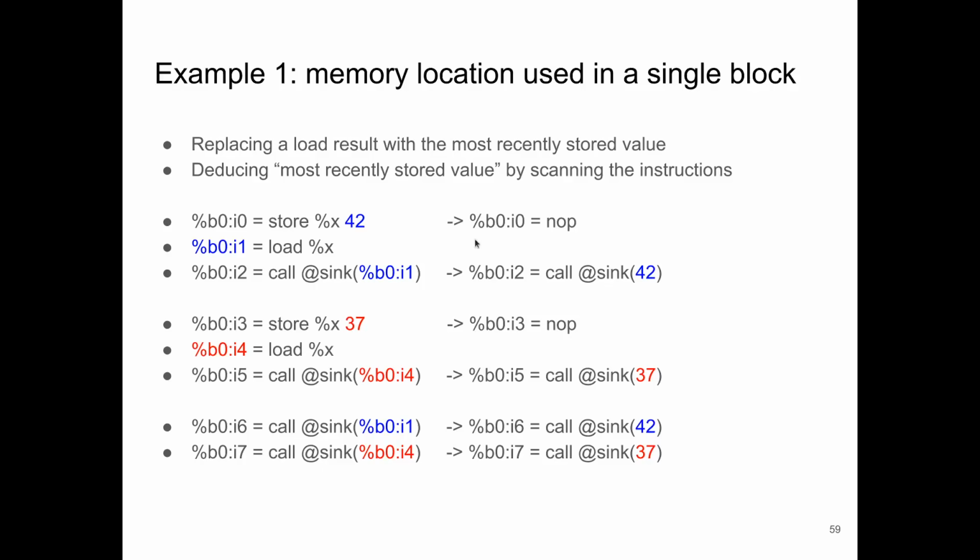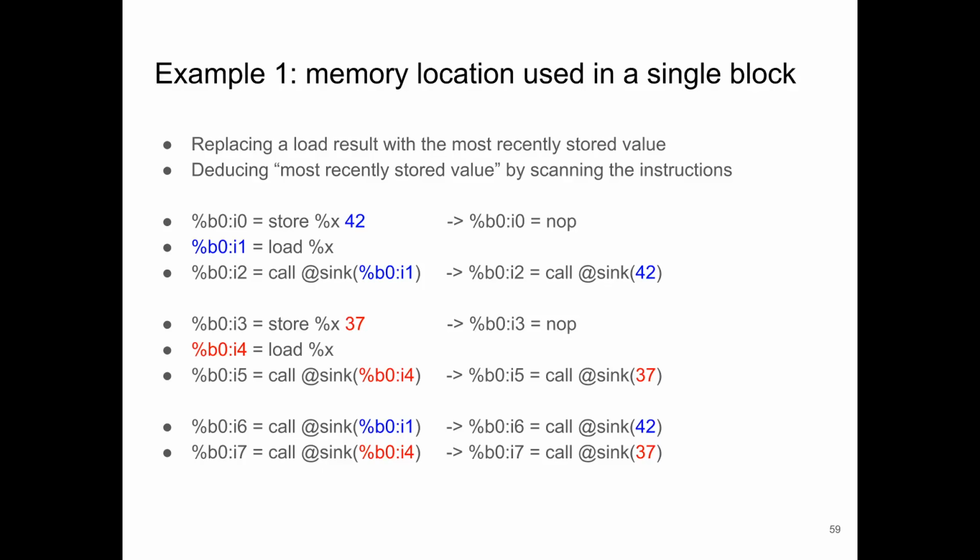So x is a pointer to an integer, basically, which is a local variable that was declared so far. In this example, I intentionally omitted some type annotations that are expected in the IR, for simplicity and presentational purposes.